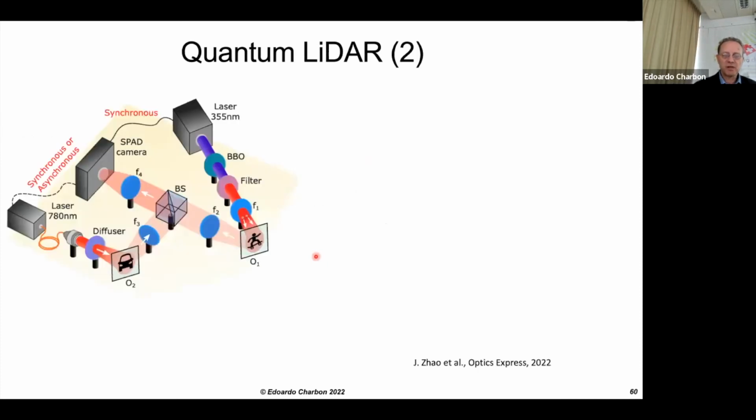So this is an experiment that we demonstrated in a recent paper that appeared in Optics Express just a month ago. The idea was to essentially generate a bunch of entangled photons and then direct them towards a beam splitter, and then the SPAD camera, and use two lasers, one for generating classical images and one for generating quantum images.